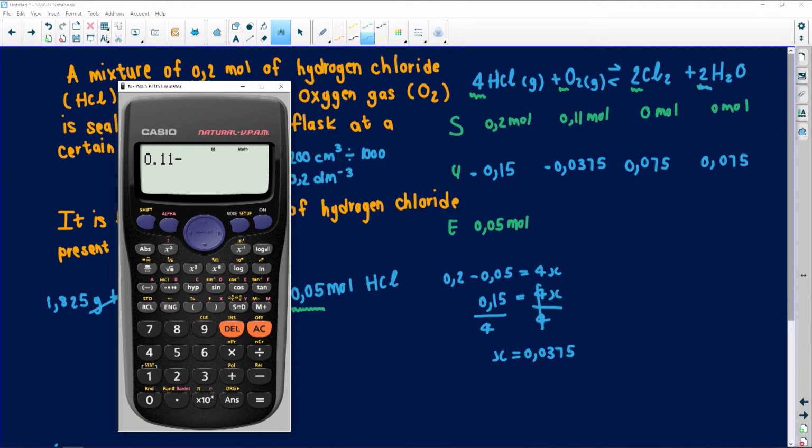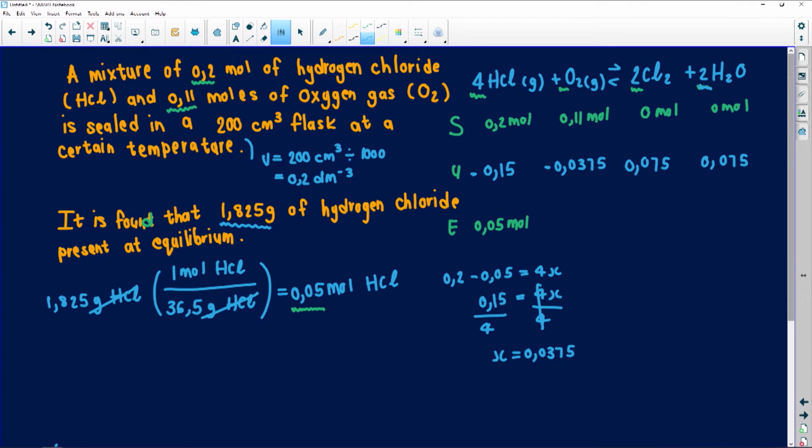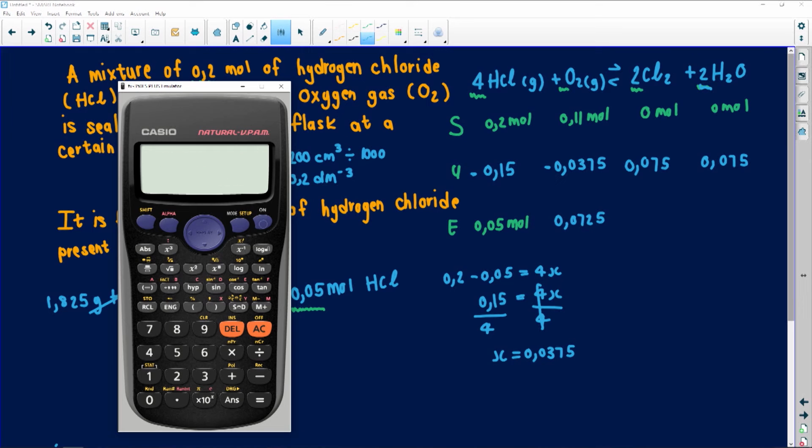I'm using it up, and how much did I use up? 0.0375. So I'm going to have 0.0725. And for the mole ratio of 2, let's calculate that one.